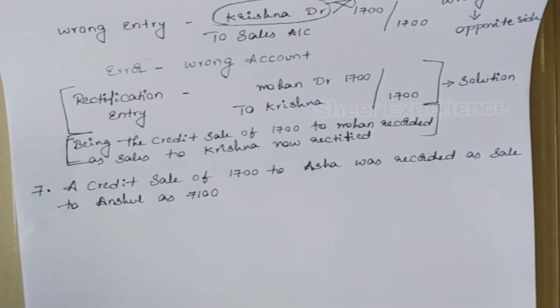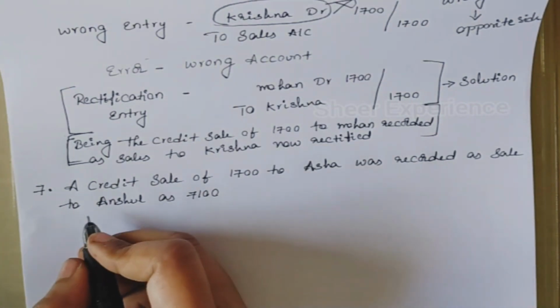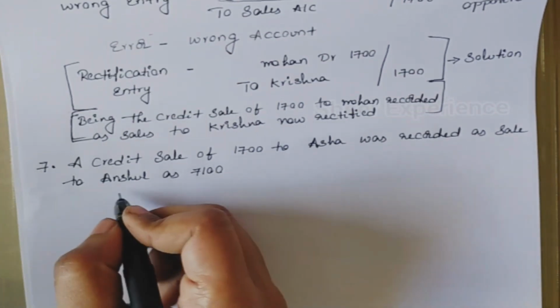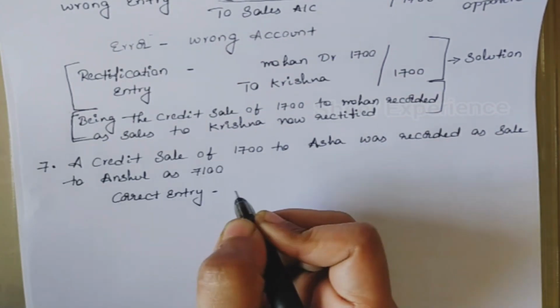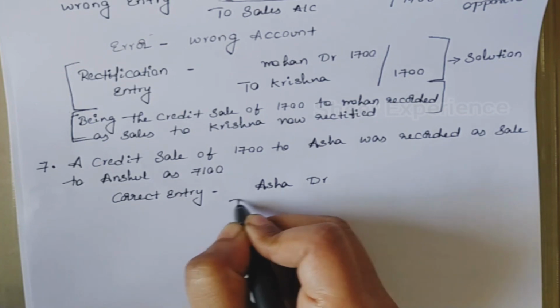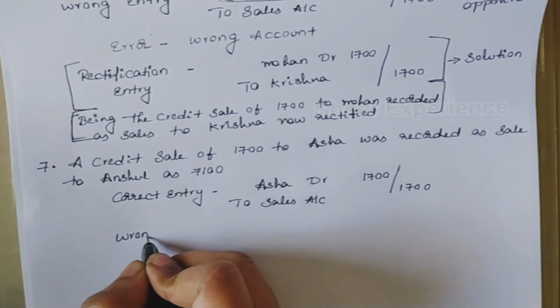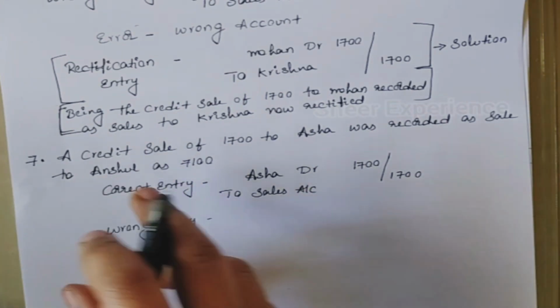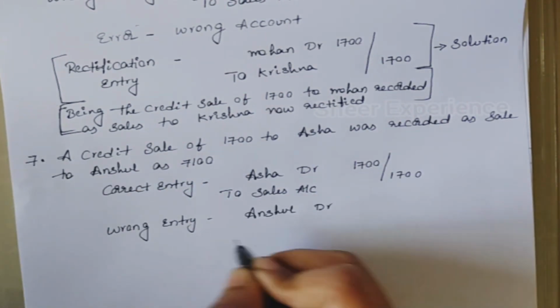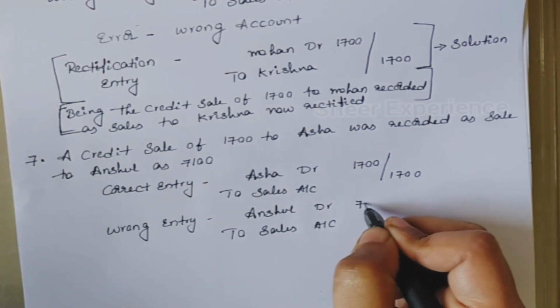Next error is credit sale of 1,700 to Asha was recorded as sale to Anshul as 7,100. As usual, correct entry is Asha debtor to sales account. Amount is 1,700. And the wrong entry is Anshul debtor to sales account. Amount is 7,100.